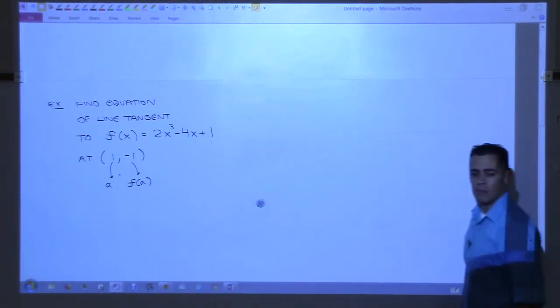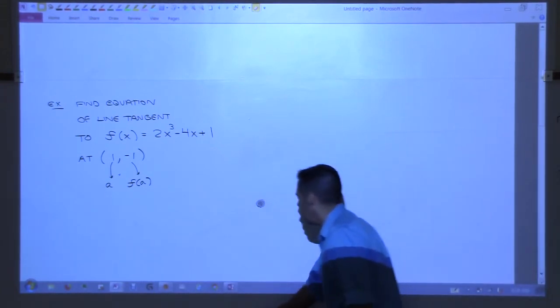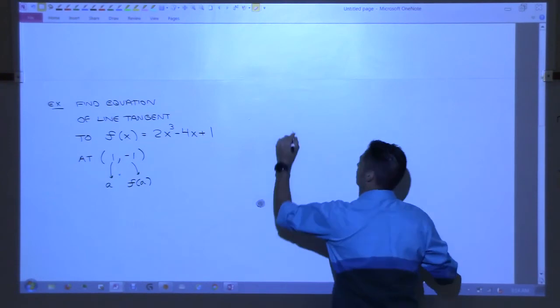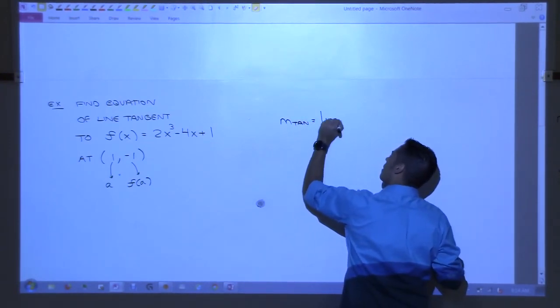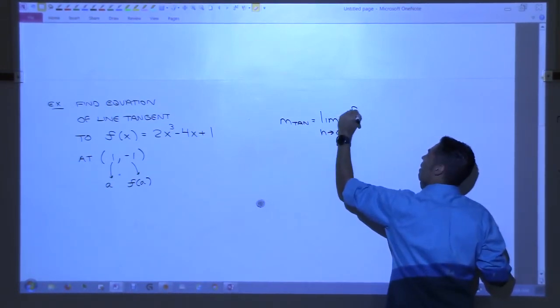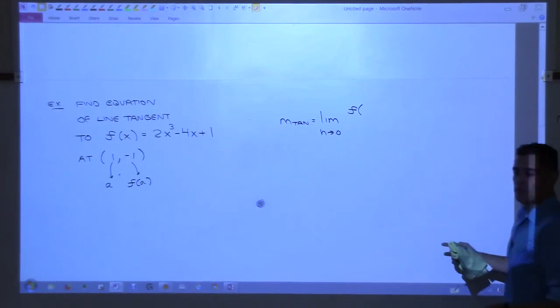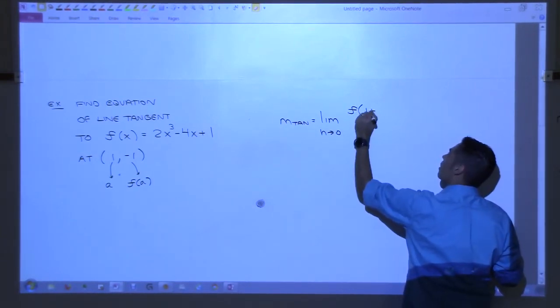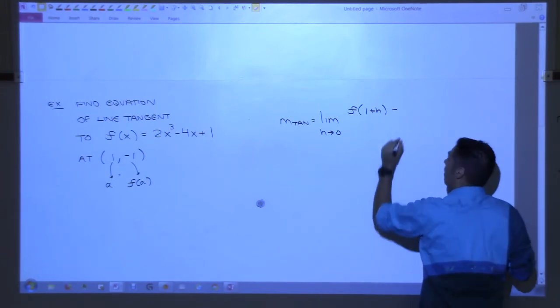Yes? So according to this formula, if we want the slope of the tangent line, we're going to take the limit as h goes to 0 of f of what? a plus h. But what's a? 1, right? So this is going to be 1 plus h minus f(a), which I'm going to write as f(1).